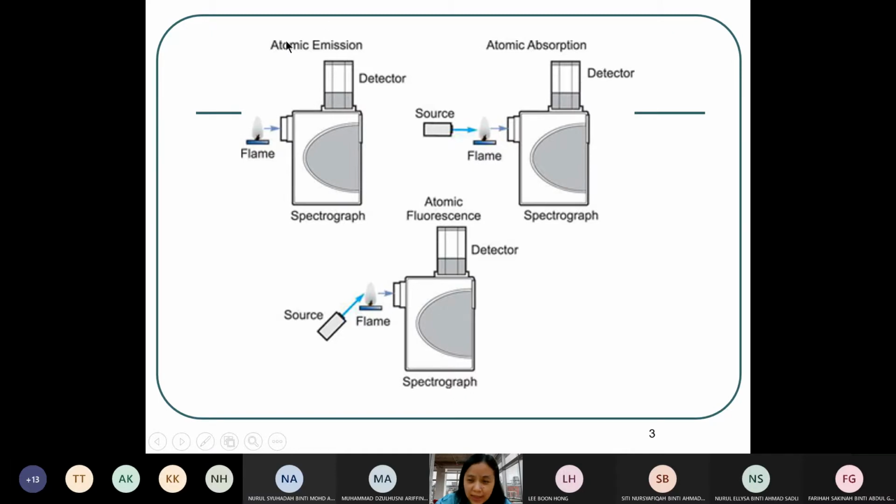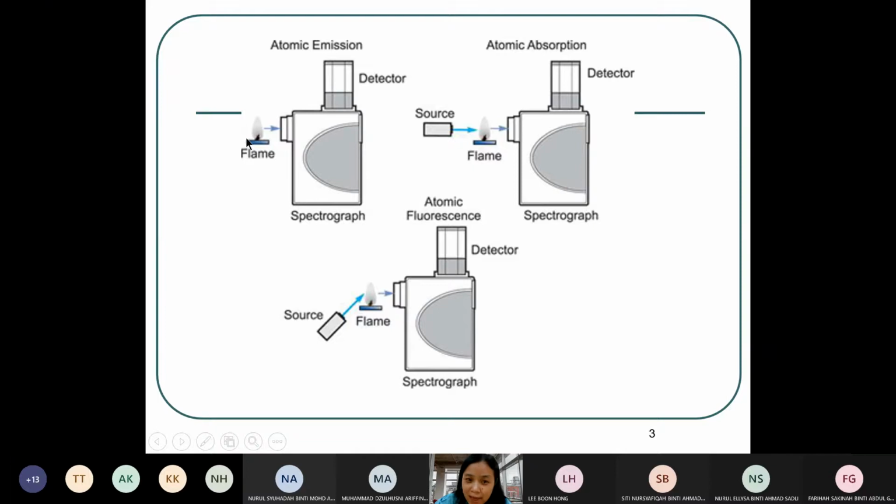But again, I would like to emphasize that for atomic emission spectroscopy, AES, the temperature of the energy source is very important. We must have good control. But in practice, it is hard to control unless we use ICP.